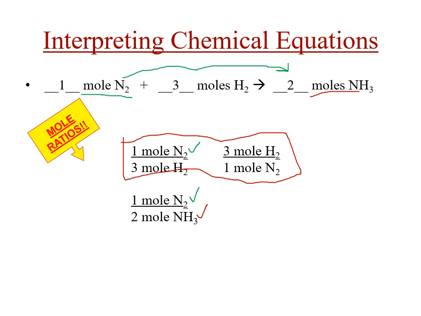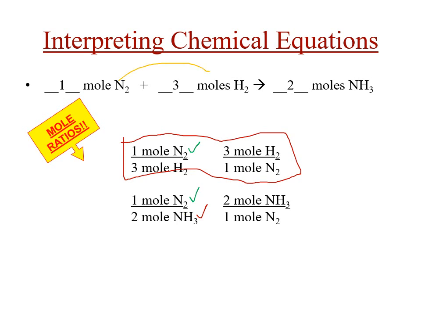All right, here's what your paper should look like. 2 moles of ammonia on top and 1 mole of nitrogen on the bottom. There's one more relationship. Looking at the equation, what are 2 more things that you could relate? We've got the moles of nitrogen with the moles of hydrogen.